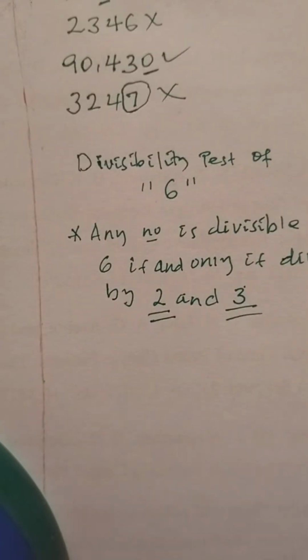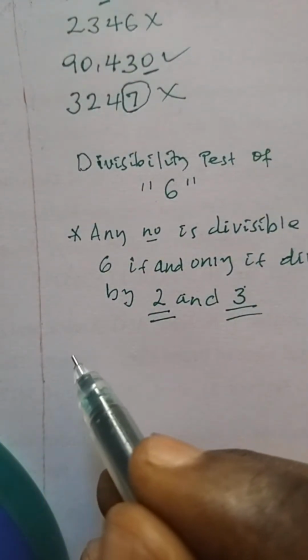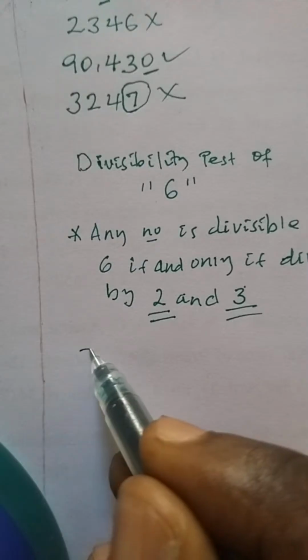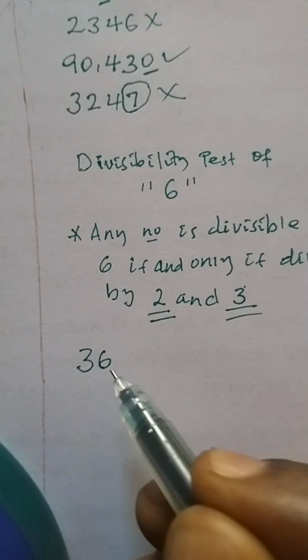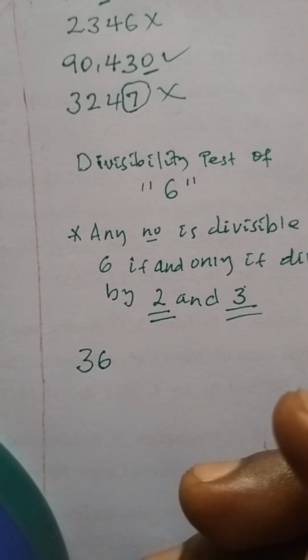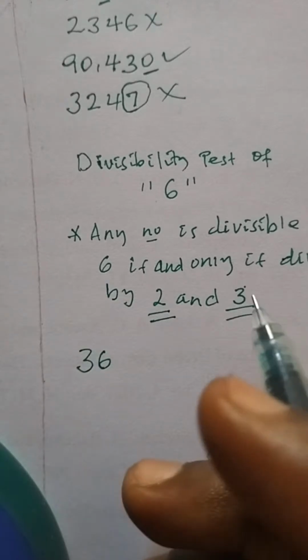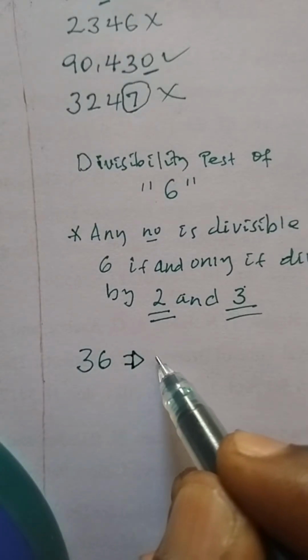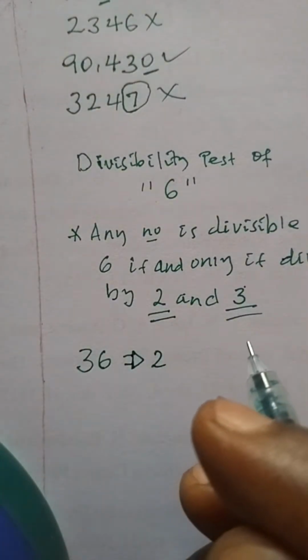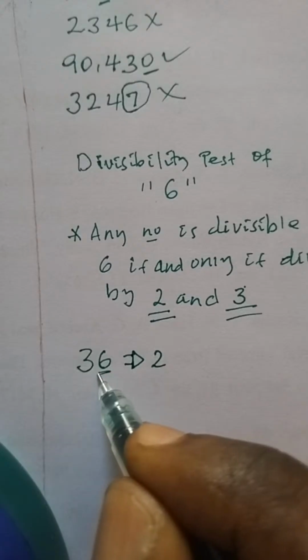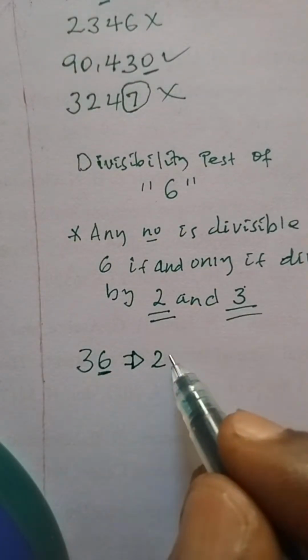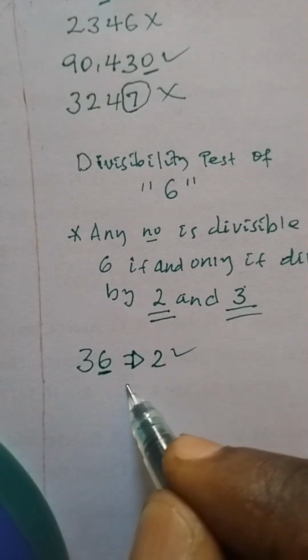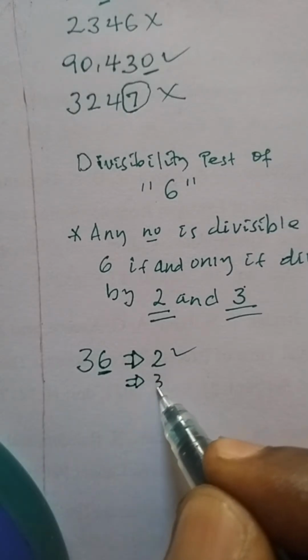Let's check. Let's take another example. Let's take 36. Is this number divisible by 6? Yes. To check, is this number divisible by 2? Yes, because the last digit is an even number. Is it divisible by 3?